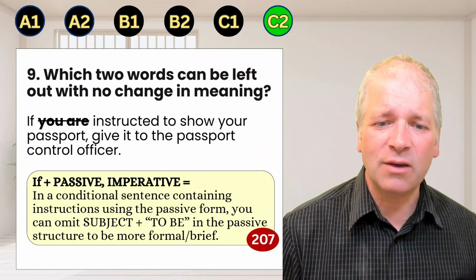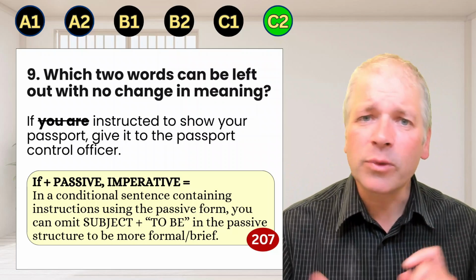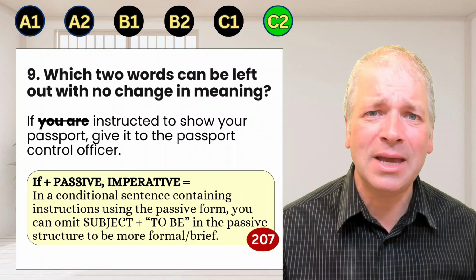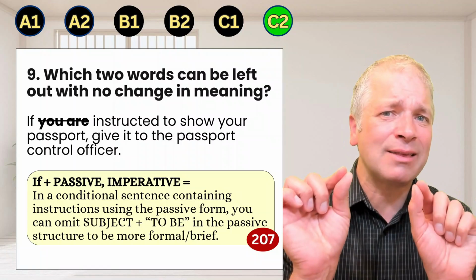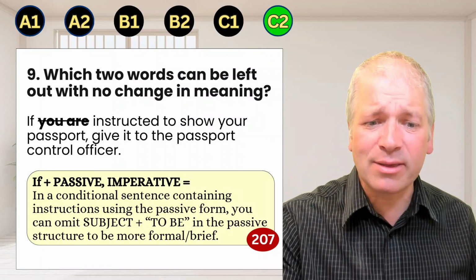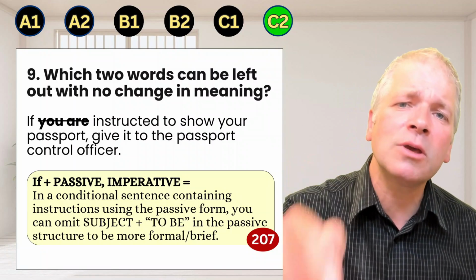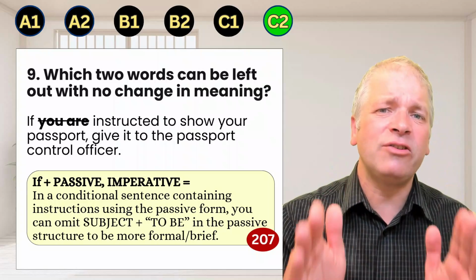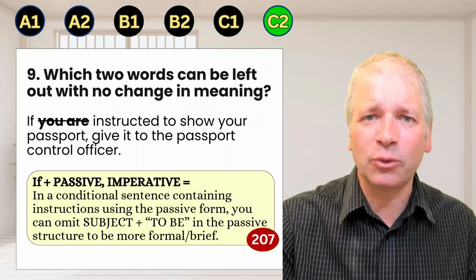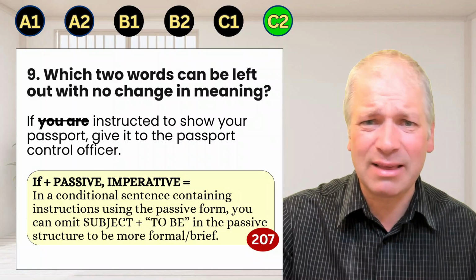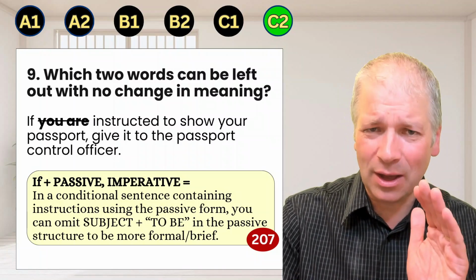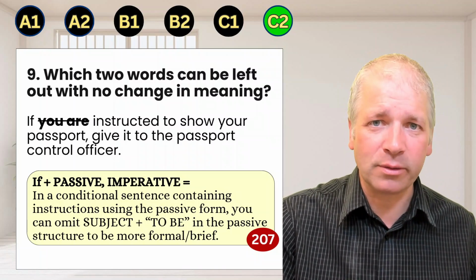You don't do the activity. Someone does it to you. Why can we leave it out with no change in meaning? Because the second clause makes it clear. Because it's an imperative, give it to the passport control officer. We know it relates to you. So leaving it out changes the meaning in no way at all. And it's absolutely fine to do this. And it makes your instruction more formal than it was.